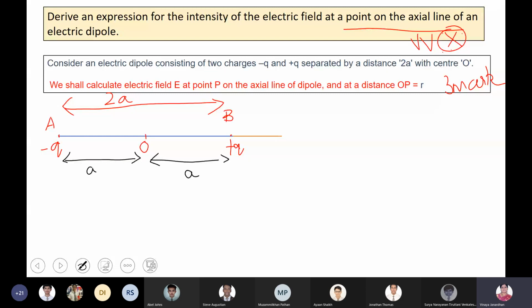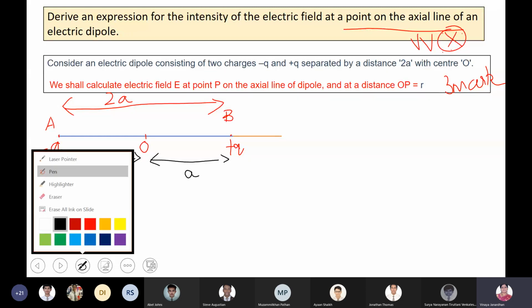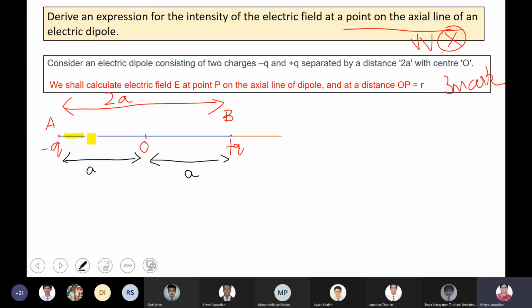Now let me find the strength. Are you getting this dipole, boys? The dipole is from A to B, with a charge minus Q and plus Q. The length of the dipole is 2a, so that O is the midpoint. I want to find the strength of the dipole at a point P, which is lying along its axis.